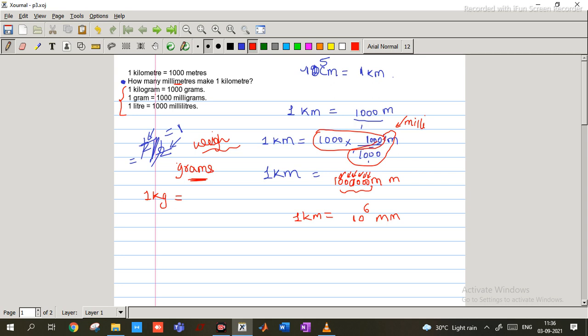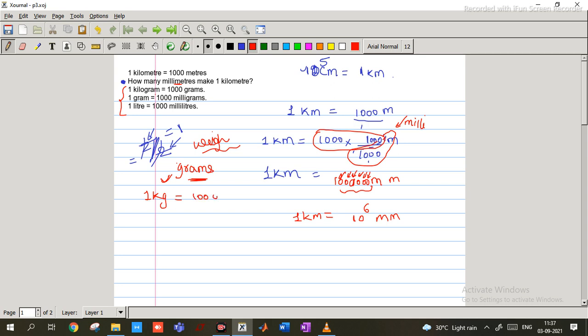Shopkeeper, can you please give me 1 kg of onion or 1 kg of tomato, like that you will say, right? But suppose you think 1 kg will be too much, so let's take 500 grams. That's when we say it is half a kg, isn't it? So when I say that, I will have to go to the lower unit, that is grams. So that's why we say that 1 kilogram is equal to 1000 grams.